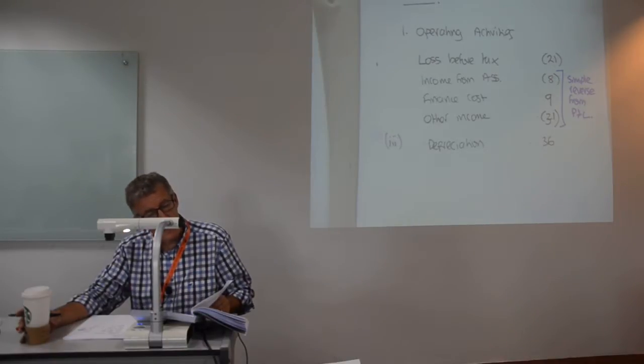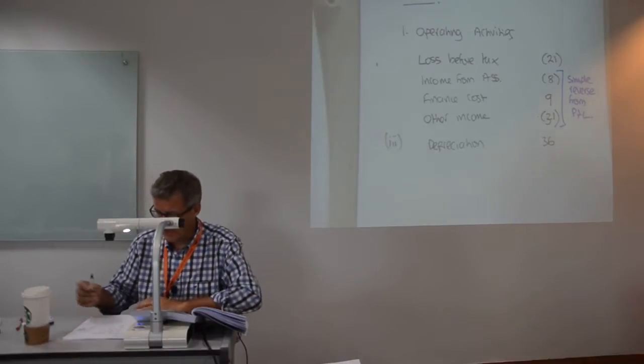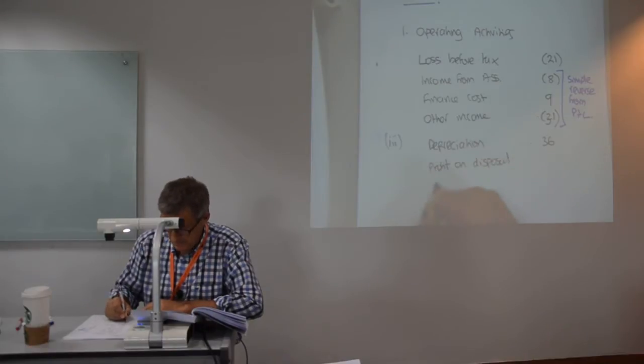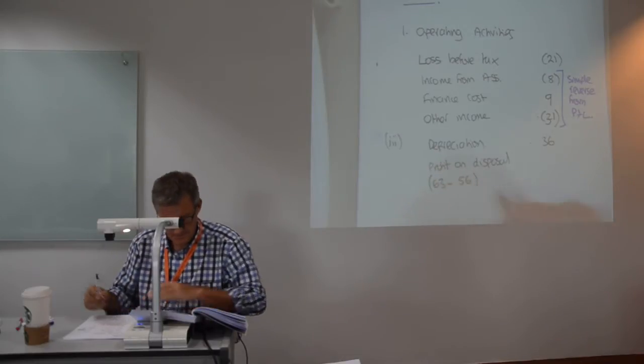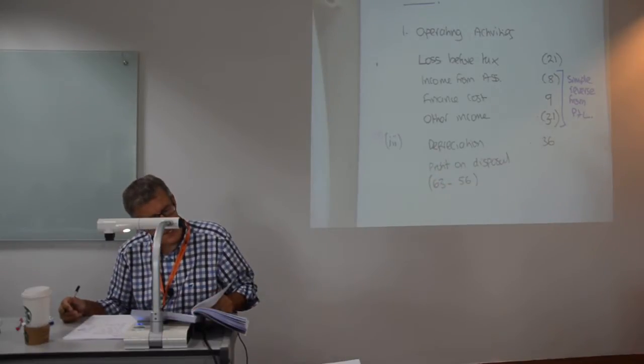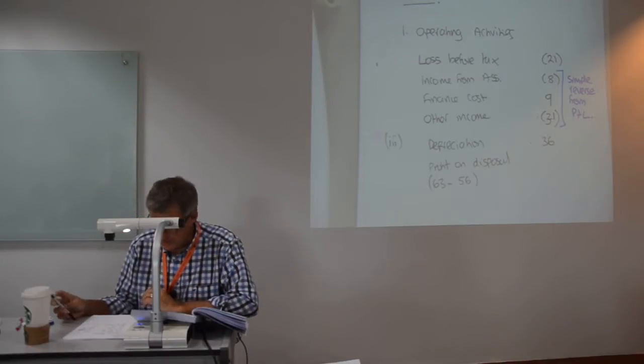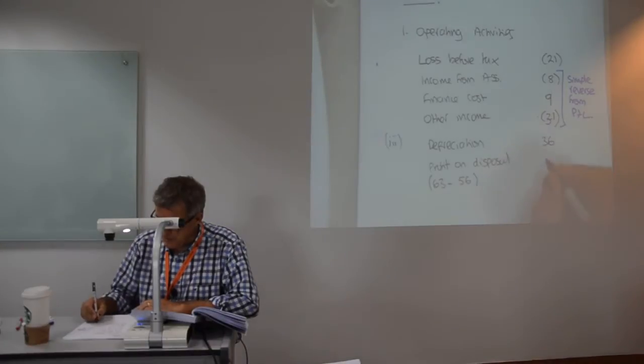And that's been included in admin, so we need to adjust for that. The proceeds were 63 and the carrying value was 56. So that is a profit on disposal of 7.